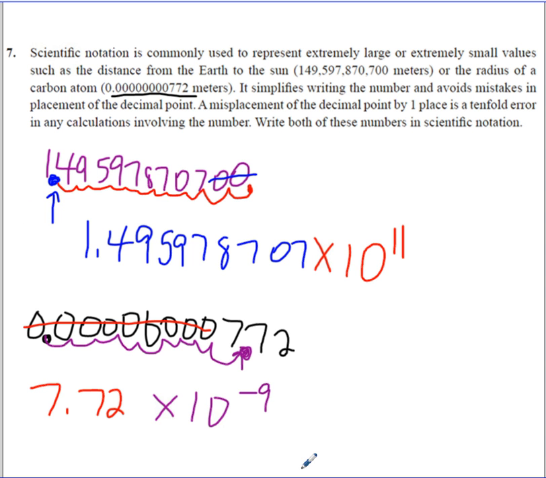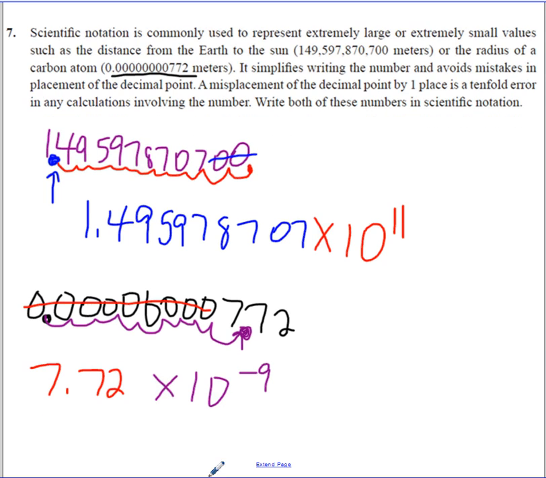And then if you were asked to go backwards, from scientific notation to a regular number, let's do 2.3 times 10 to the 5th power. That 5 tells us how many moves, not how many zeros to add.